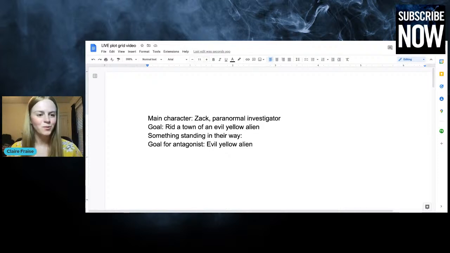So we have to figure out what this alien looks like, what form the alien takes, if it's an alien that possesses people, or a bunch of yellow goo that can get into things. Does the alien kill people? Does the alien shut down power? Like what does this alien do? Because once we figure out exactly how the alien operates, then we'll be able to figure out how Zach is going to have to defeat this alien.